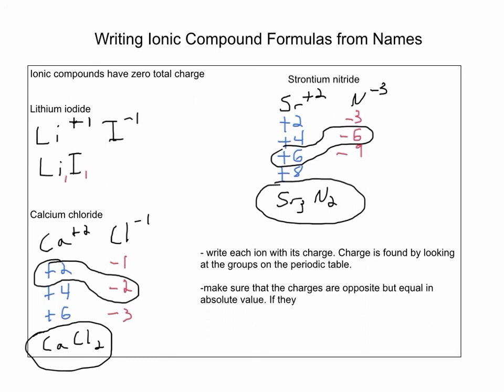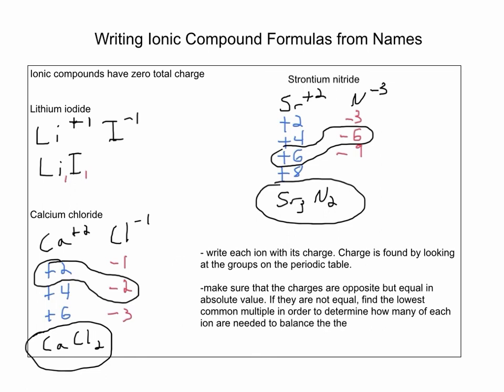If they are not equal, find the lowest common multiple in order to determine how many of each ion are needed to balance the compound.